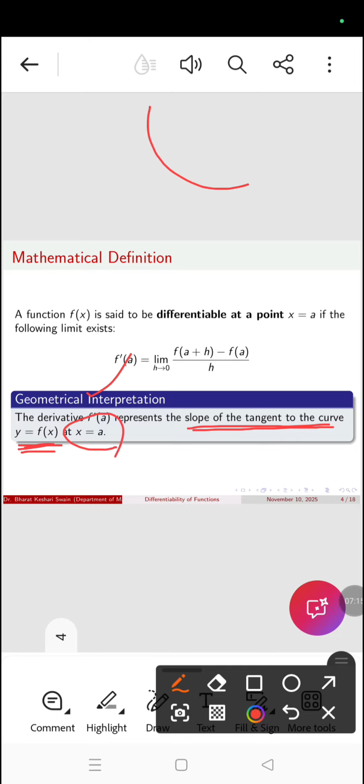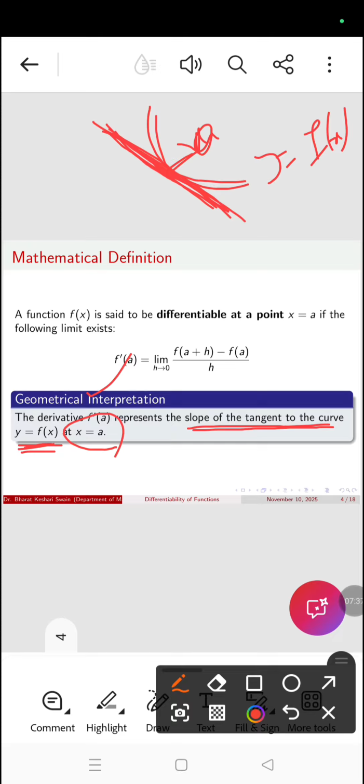If this is your y equal to f of x, and this is the point x equal to a, and this is the tangent, then f dash a represents the slope of this tangent.